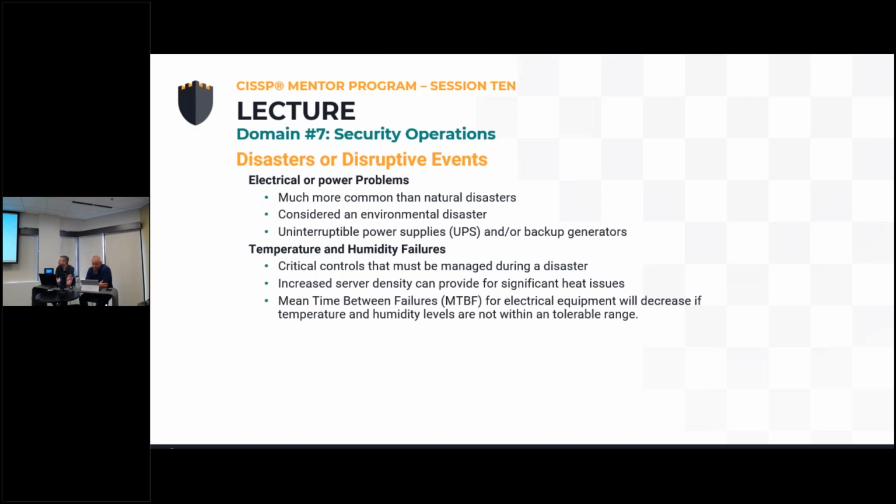So, temperature and humidity failures. We need to understand if we have a power failure, do we have backups for humidity and AC, especially in a server room. A buddy of mine, just last month, he's the CIO. He left on his own accord, but he was the CIO of a very large company, and their HVAC units went out, and they didn't realize they didn't have redundancy.